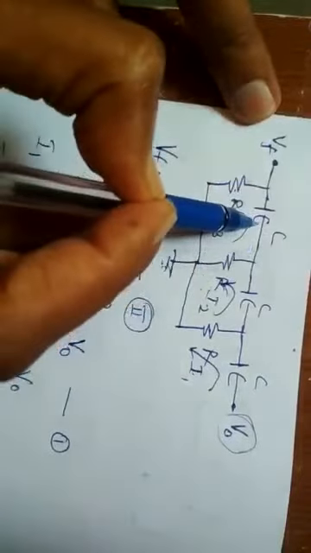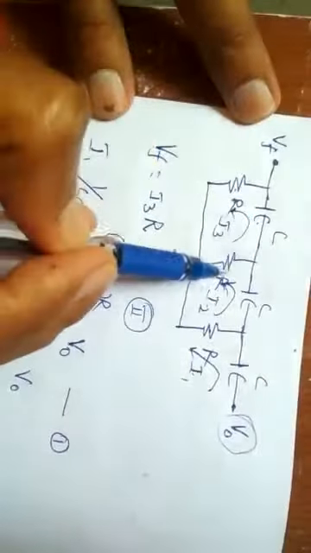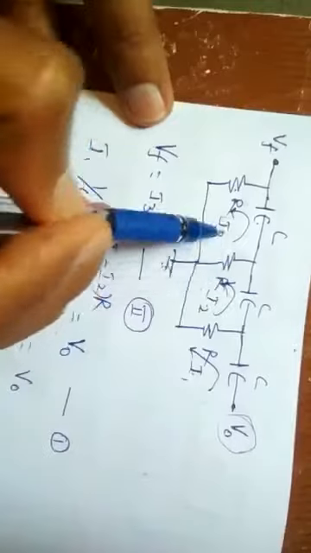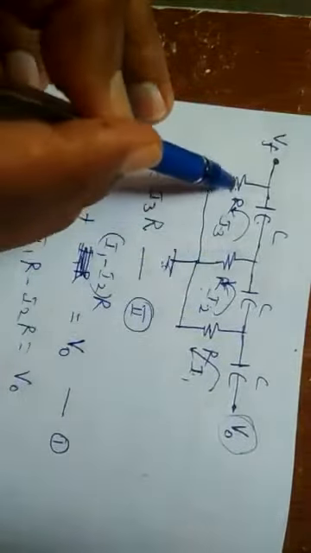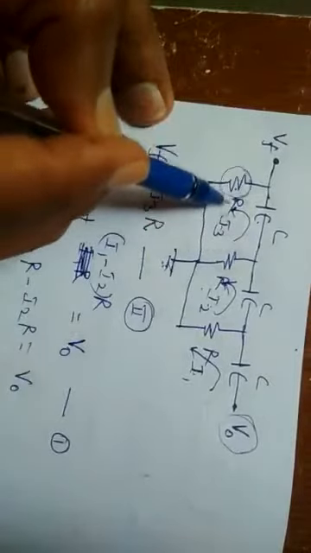The R is the final resistor, acting as a load to deliver this Vout. So I repeat, I3 in this C is I3 into 1 by SC, and this R is common for I3 and I2, so I3 minus I2 into R, plus in this R I3 alone is flowing, so I3 into R.